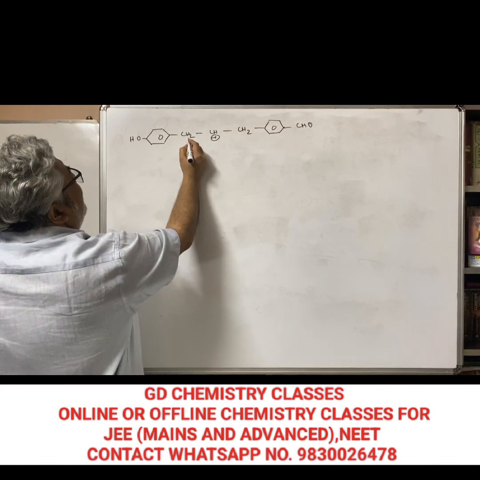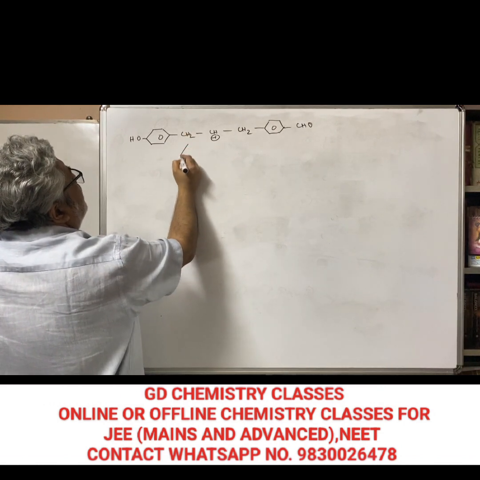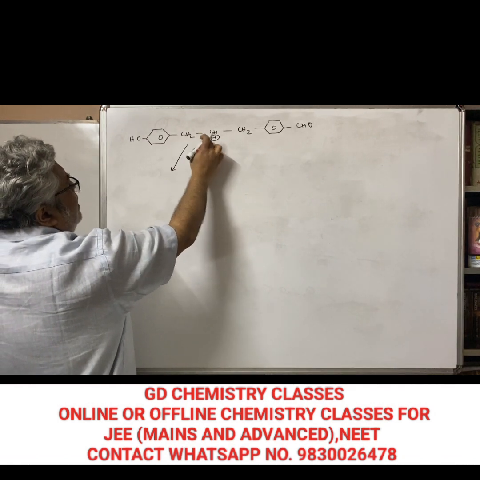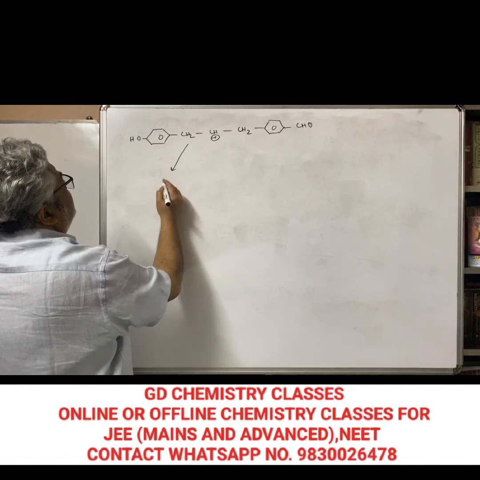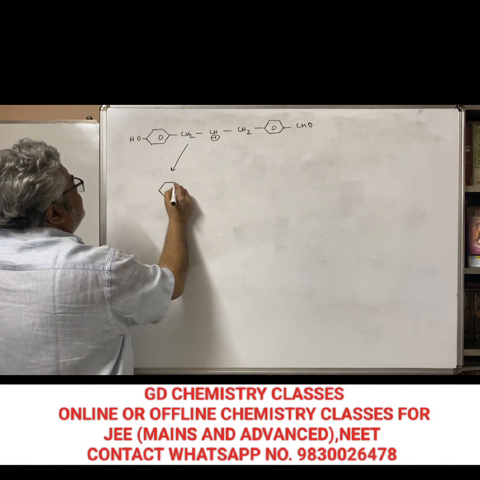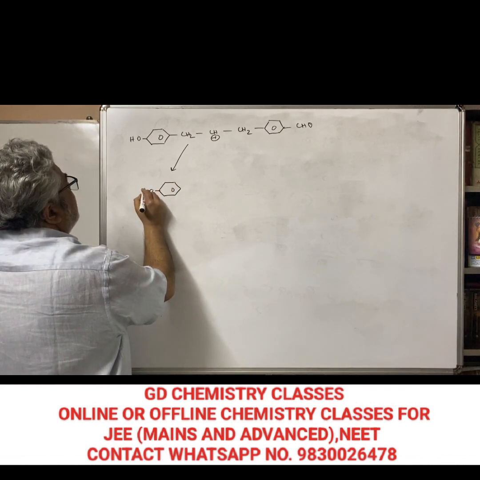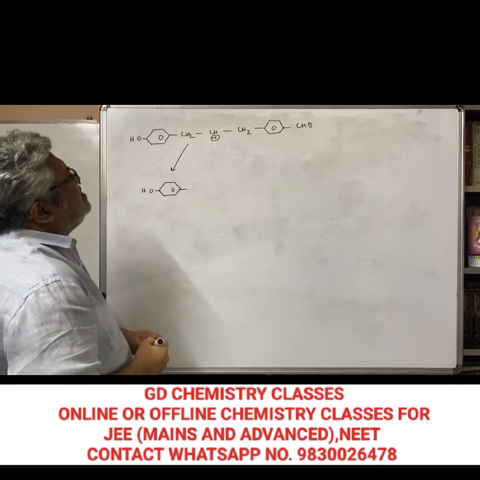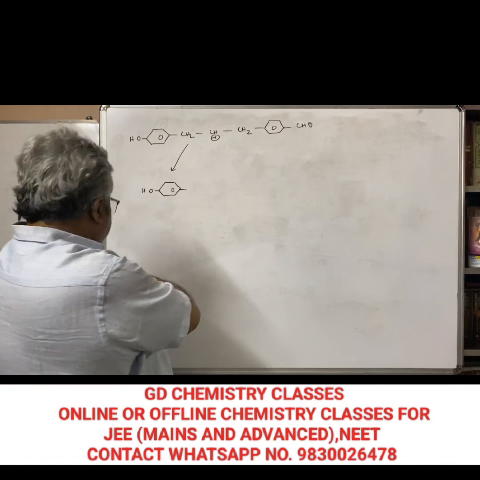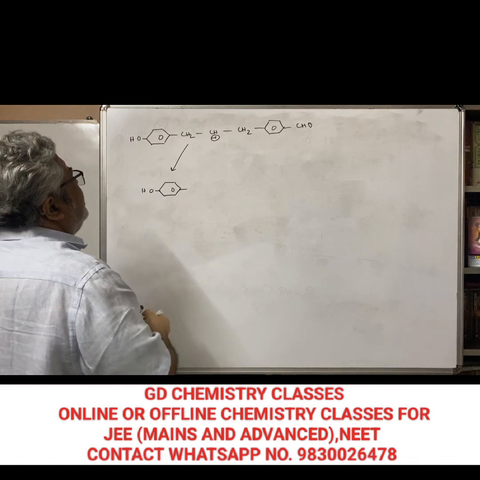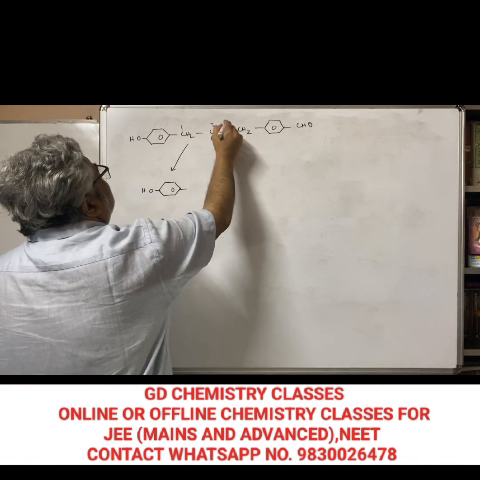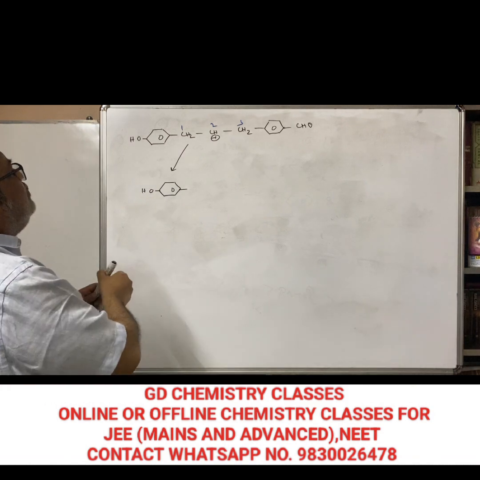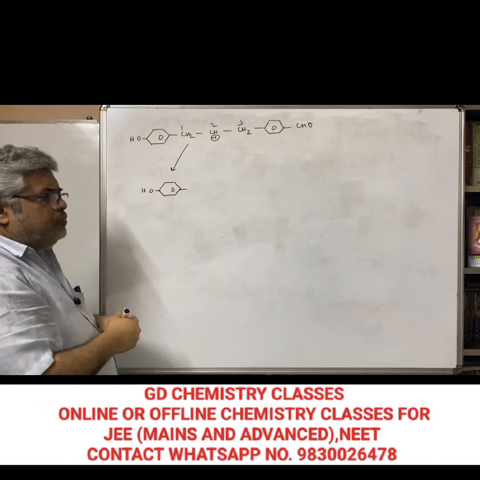Now, suppose I am making this hydride shift, then what will we get? Hydride shift from here to here. If I simply number it, this is obviously not IUPAC numbering, I'm just numbering it. Suppose this is 1, this is 2, this is 3. Suppose I'm making the hydride shift from 1 to 2.